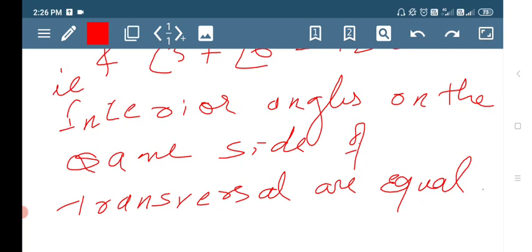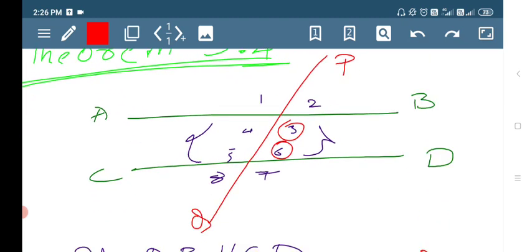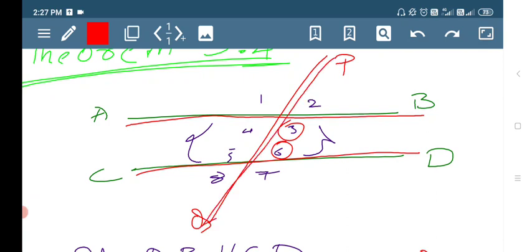That is theorem 3.4. Understand theorem 3.4 once again. It explains that if the line AB is parallel to CD and a transversal is passing through them, then interior angles on the same side of the transversal are supplementary, meaning the sum of these two angles is 180 and the sum of these two is 180. Got it? Okay.